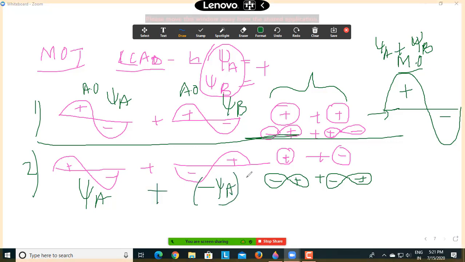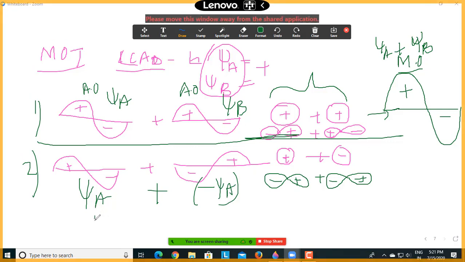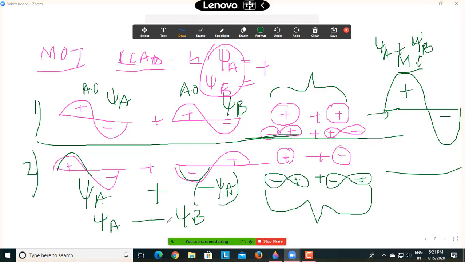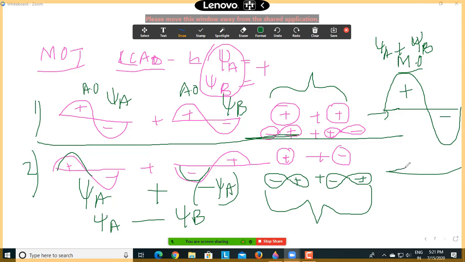This is minus of this, no? So psi A plus minus psi B, addition and subtraction are the same for plus and minus. Plus into minus is minus, so psi A minus psi B you can also tell. So psi A plus psi B is possible when the mixing takes place, and here mixing can also give you psi A minus psi B. Suppose psi A is bigger than psi B, after subtraction you will get a very small amplitude.